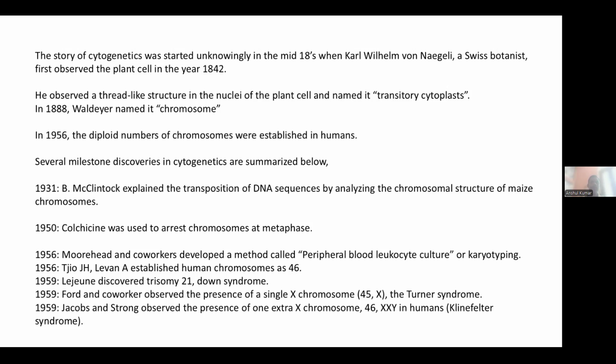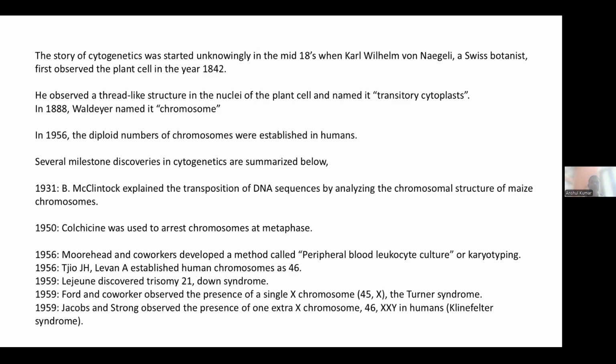In 1959, again, Ford and co-workers observed the presence of a single X chromosome. In females there is XX, and in males XY. Here it was seen that instead of two XX chromosomes, there was only one X, and the condition is called Turner syndrome.